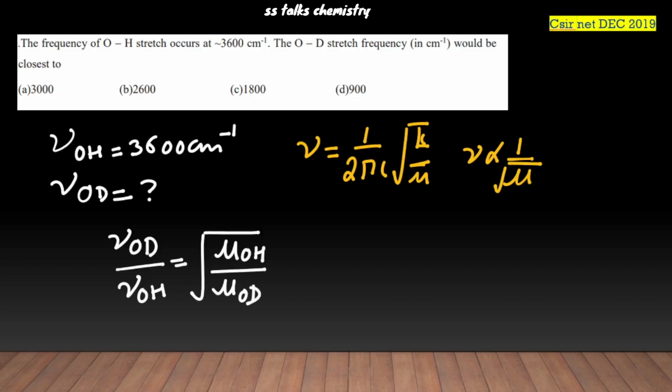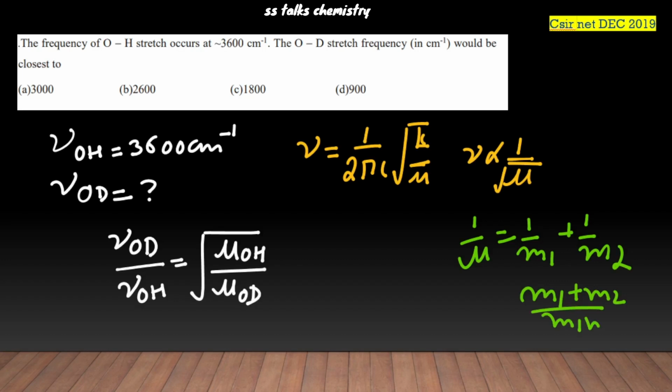Now what is the reduced mass? We know 1 by mu is 1 by m1 plus 1 by m2, or we can say it is (m1 plus m2) upon (m1 into m2). This is the 1 by mu value. So the reduced mass is m1 into m2 upon m1 plus m2.